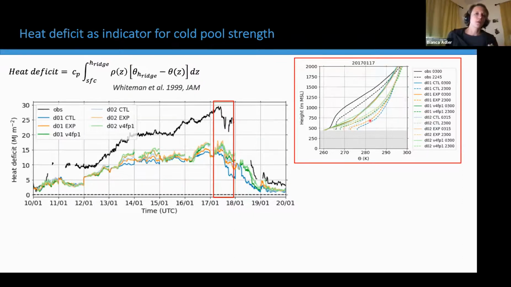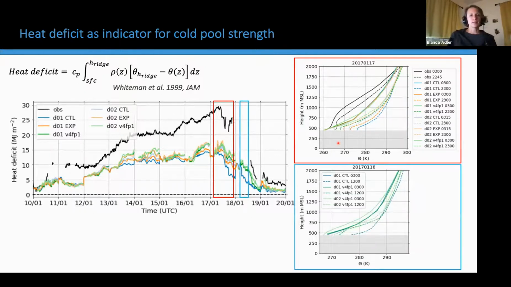The control domain 1 version is now much warmer than the other configurations, which indicates that the cold pool was eroded too early. This is even more visible on the 18th of January, where the blue line indicating control domain 1 is several degrees warmer than the other configurations.